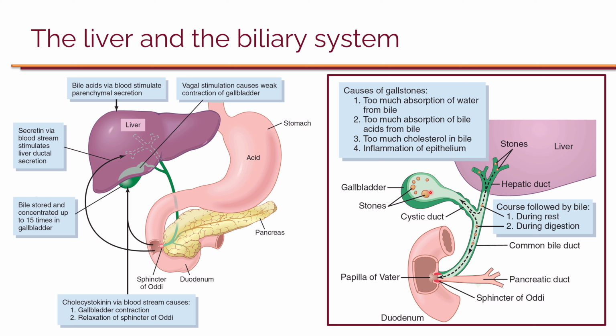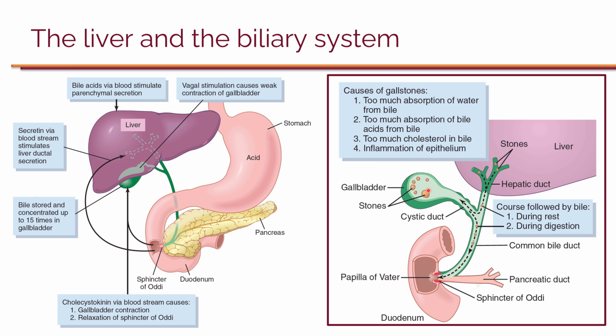Now, causes of gallstones include, for example, too much absorption of water. So hydration is a good strategy for reducing the risk of gallstone formation. Other causes are too much absorption of bile acids from bile, too much cholesterol in the bile, or inflammation of the epithelium.